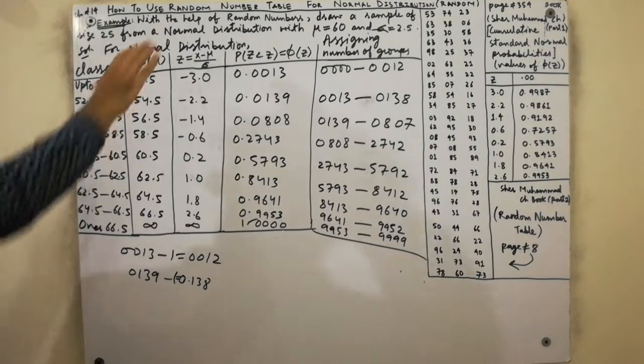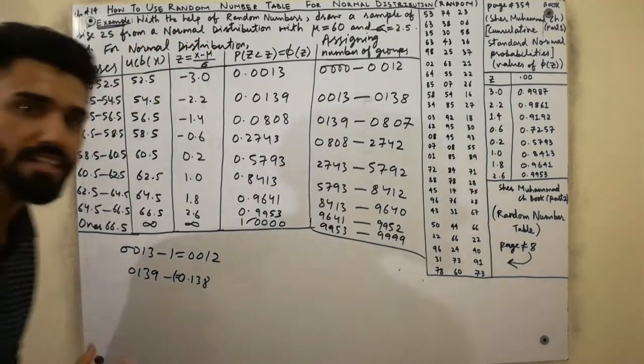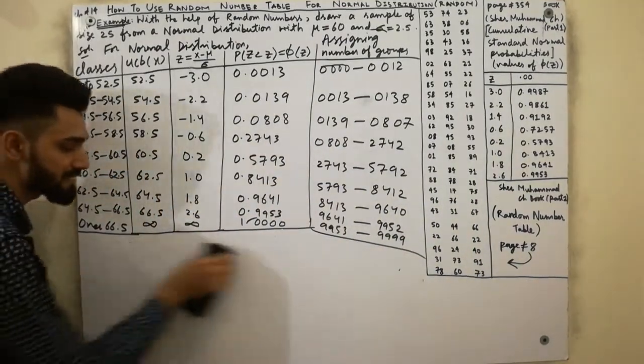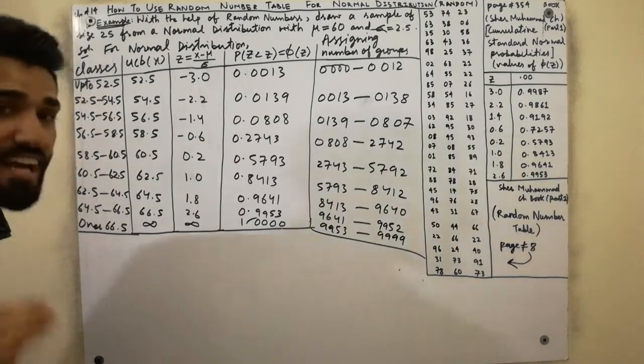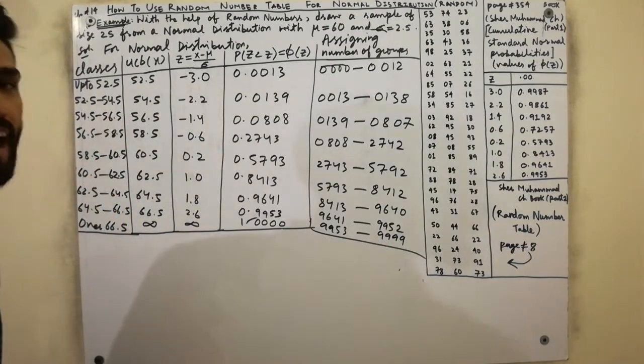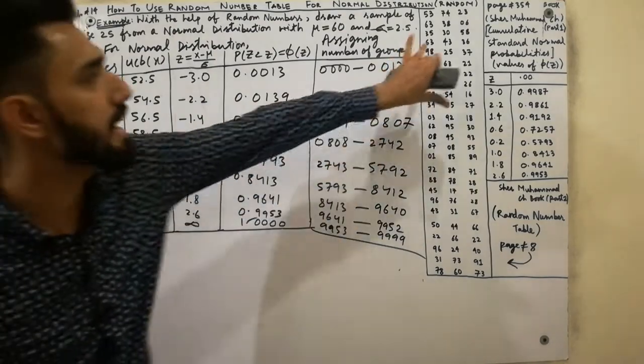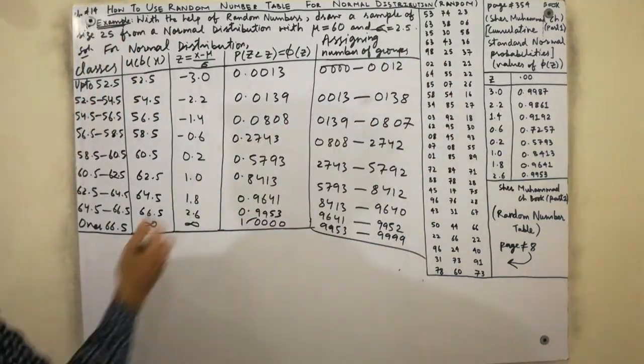Now I'm using the random number table. The last step is very easy and very important for you. Don't skip that video. Now these are the random number table I'm using here.